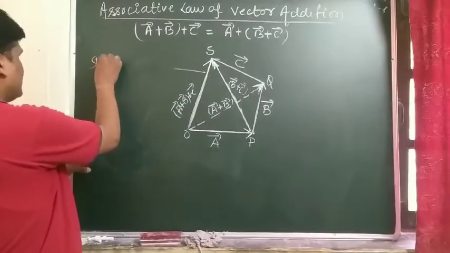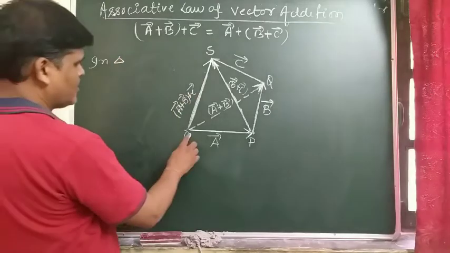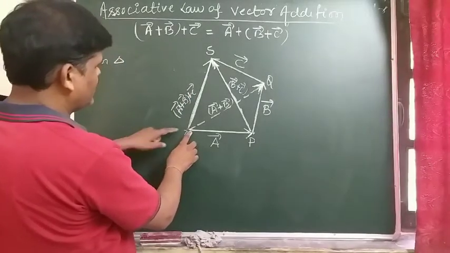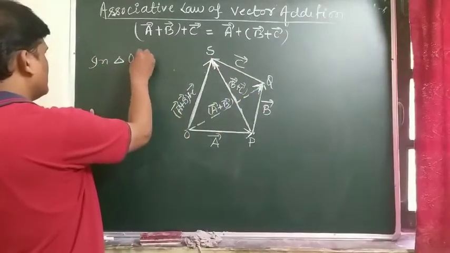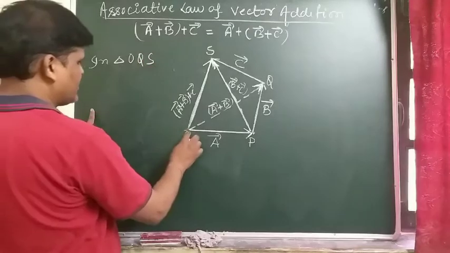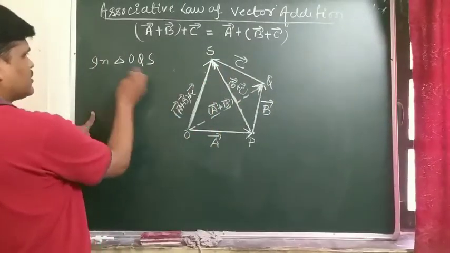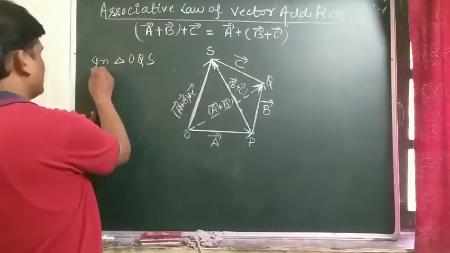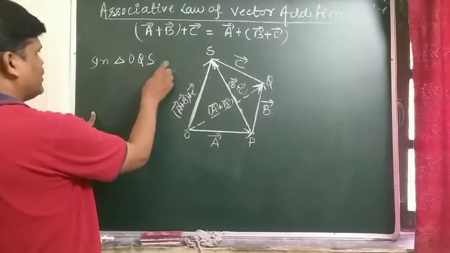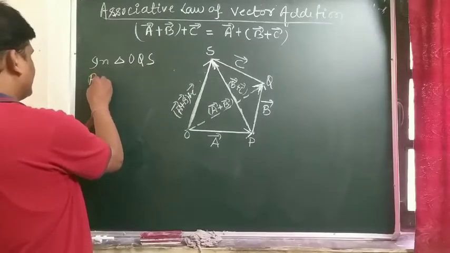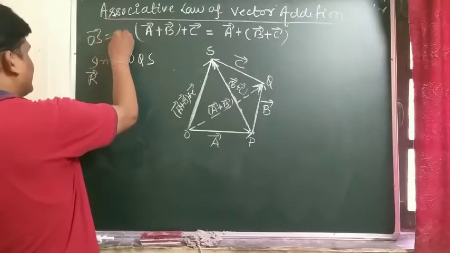In the first case, in triangle OQS, suppose this resultant OS is the R vector.